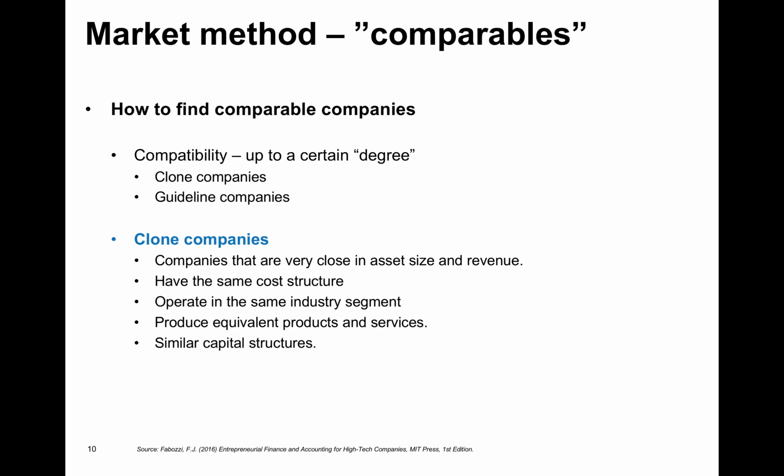They make equivalent products and services, and they also have a similar capital structure. It doesn't need to be exactly the same, but we cannot be comparing a company that has 80% debt and 20% equity with one that has 80% equity and only 20% debt. They need to be more or less structured in a similar way, 50-60, 50-70, all those things are okay.